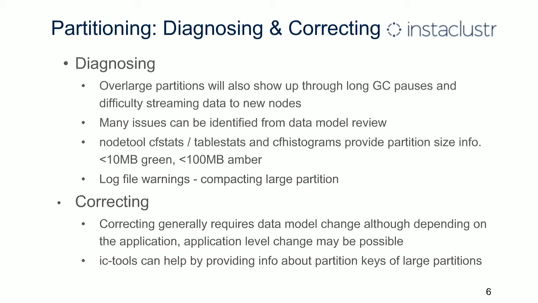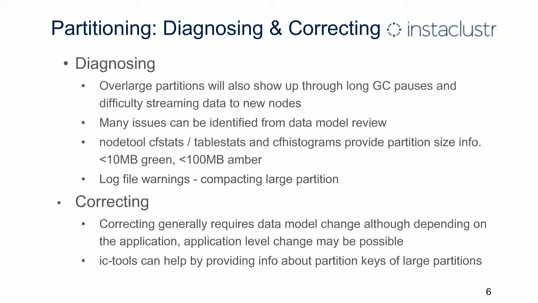So how to correct that? Generally, it's probably going to require a data model change, which is not necessarily a simple thing. So it's obviously better to catch this issue early during the design phase through data model review, so you have to change the data model and change the application to correct it.